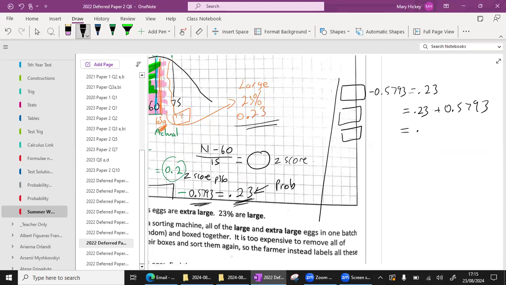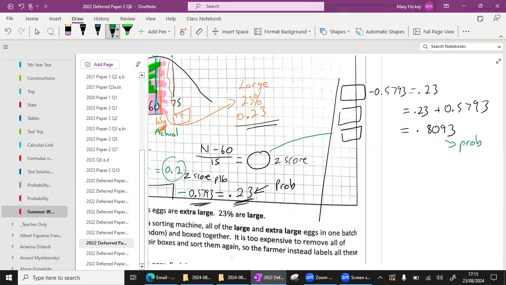So I might as well just throw it into the calculator, 0.5793 and adding on 0.23. So that's giving me 0.8093. Now, remember, that's a probability. So what I've discovered is the probability that matches up with that Z-score.